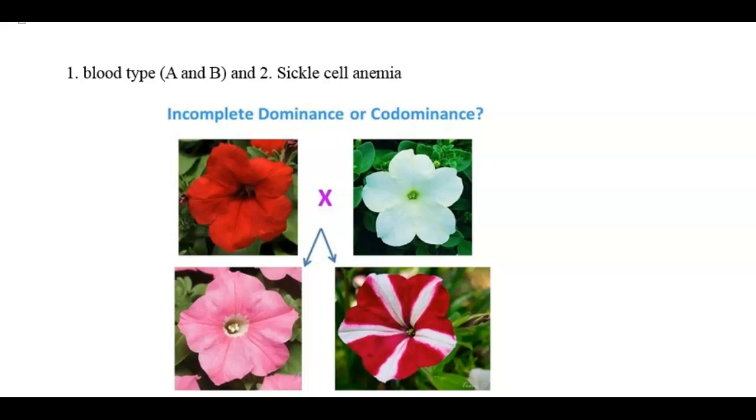And just looking at the pictures, which one you think is which? Remember, codominance, we're talking about the heterozygotes here. If we have a red and a white, incomplete, remember there's going to be like a mixing of the two phenotypes. And codominance, equal dominance.